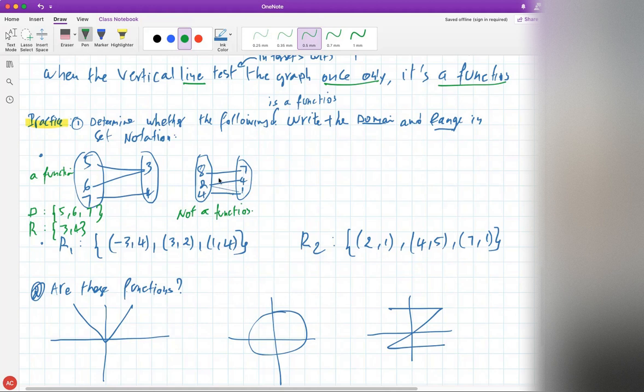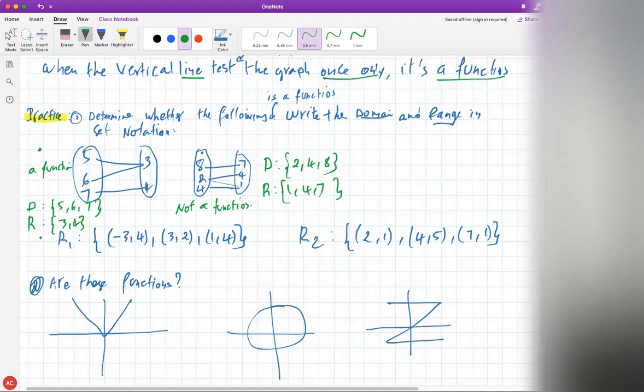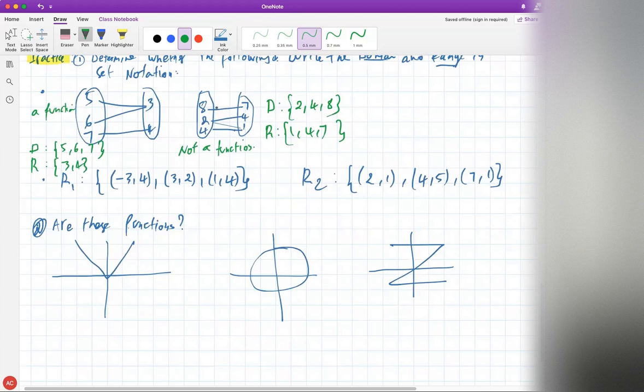After that, we still need the domain and range. What's the domain of this? 2, 4, 8, so we arrange them. Then the range is 1, 4, 7. One is a function, one is not.